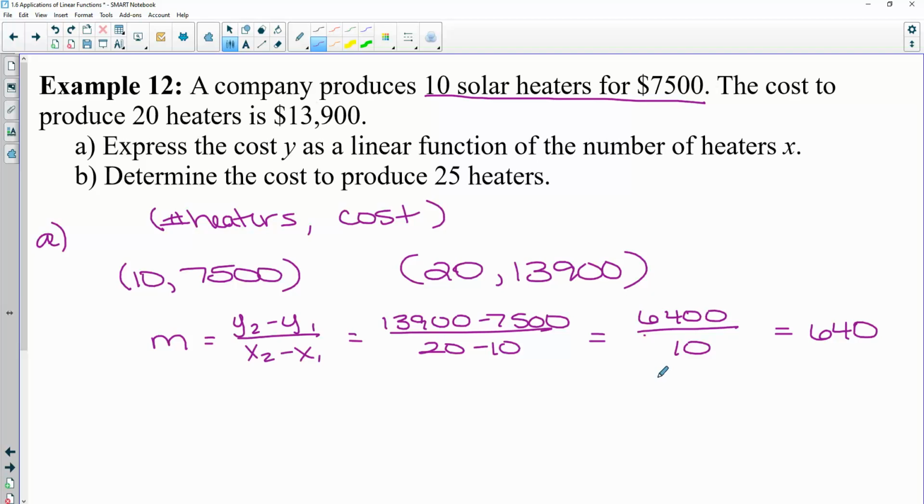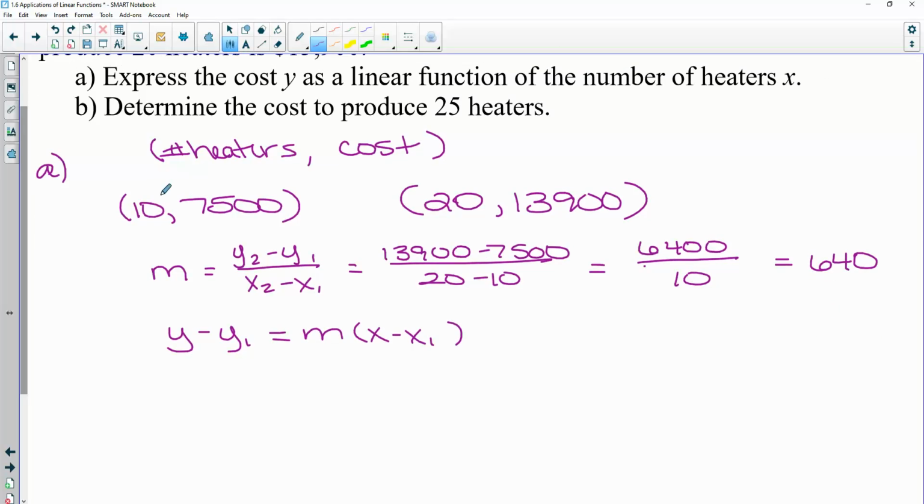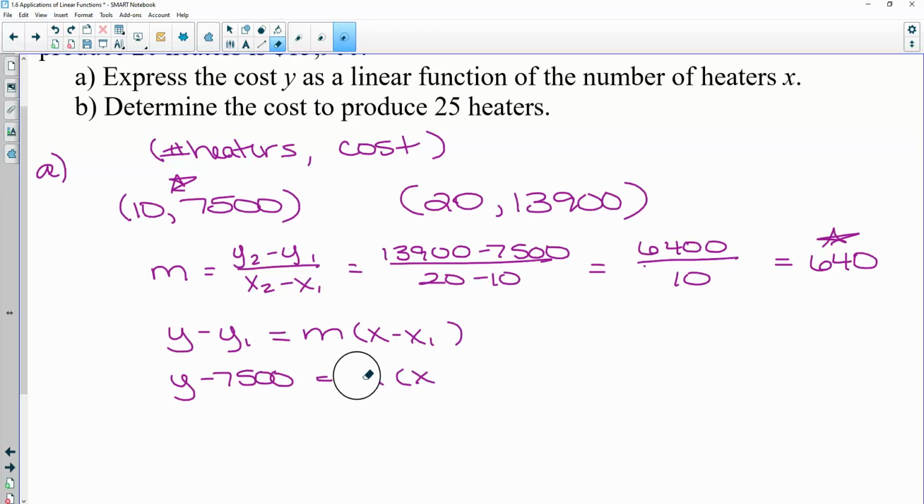So we get a slope of 640. Now what do we have to do? Determine the cost. Okay, so we need our y-intercept. Remember, we usually just plug into the point-slope form. We take one of our points, it doesn't matter which one, so I'll just go with the first, and my slope. So y minus 7,500 equals m times, which was 640, times x minus 10.